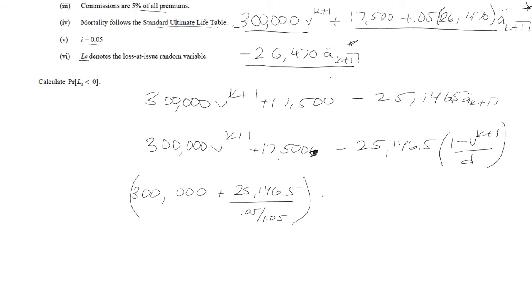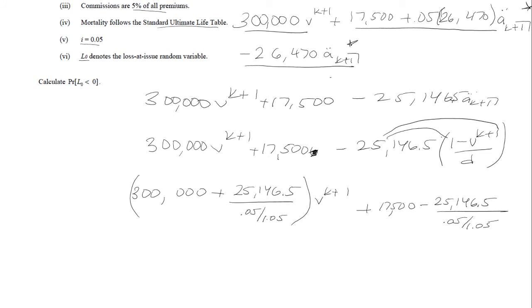Okay, so I'm skipping a couple steps here. v to the k plus 1, and then we're going to have the 17,500, and then minus 25,146.5 over d, where d again is this. So I'm just distributing out the 25,146.5.